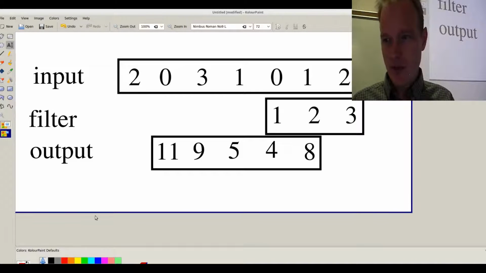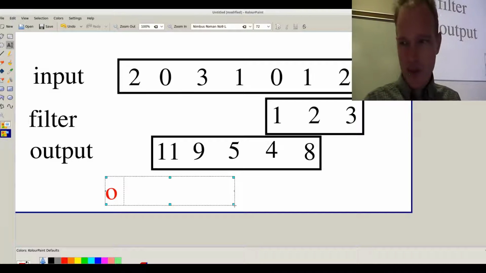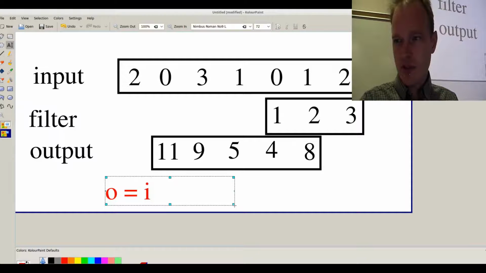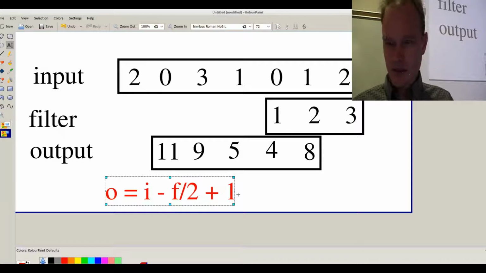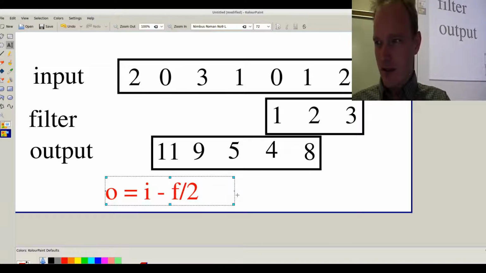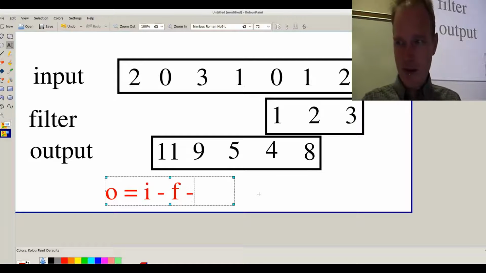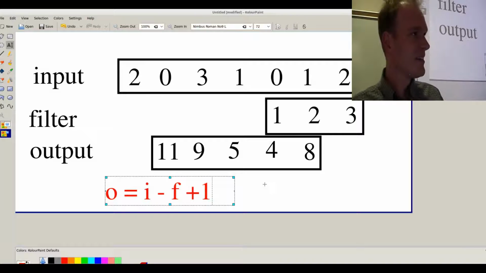It's going to basically be output size is equal to input size minus, wait, what is it? Minus filter divided by 2 plus 1? No, that's not right. Just on this one example, it looks like input minus filter plus 1. Just leave off all the end of the filter. It's a plus 1. That's what it is.